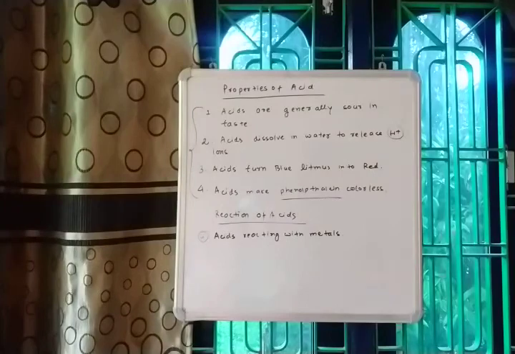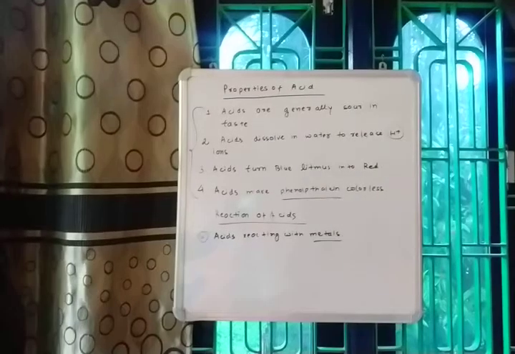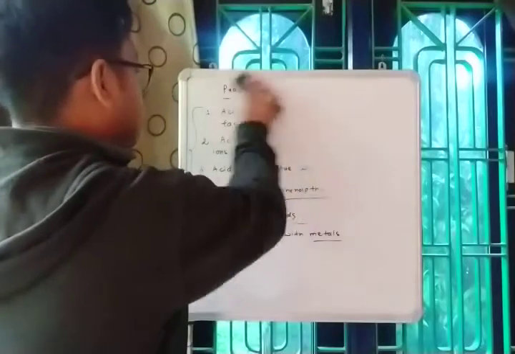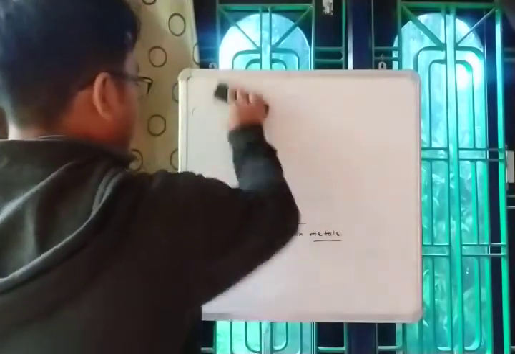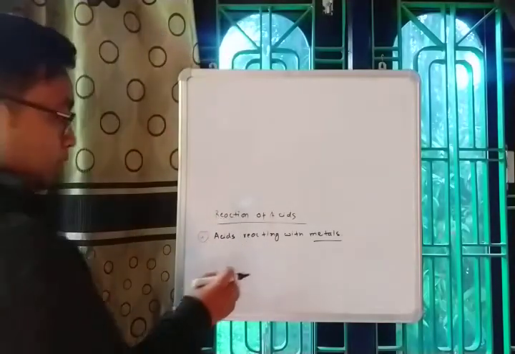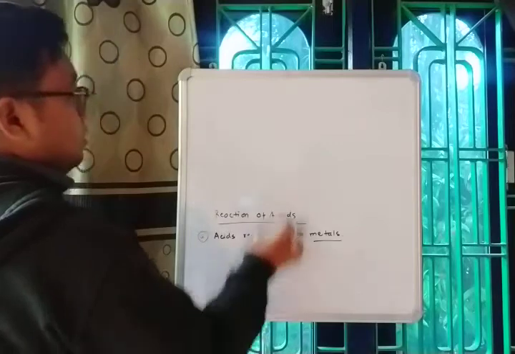First reaction of acid, that is acid reacting with metals. Okay, so the points will be written here because there is no space left. So the points that were supposed to be written there will now be written here.